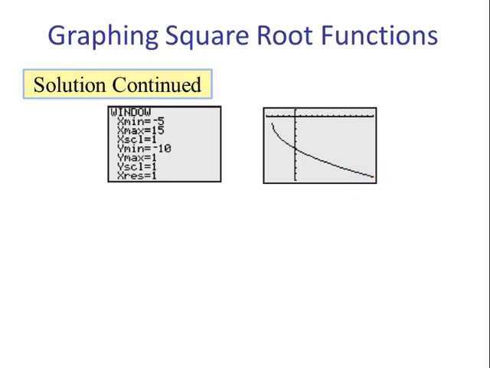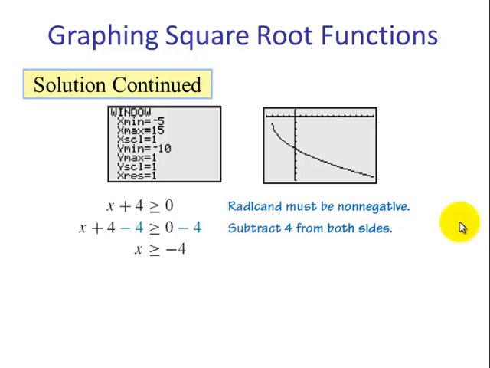To solve for the domain algebraically, we take whatever is inside the radical and we set it greater than or equal to 0. So we have x plus 4 is greater than or equal to 0. Subtract 4 from both sides, and we have x is greater than or equal to negative 4.